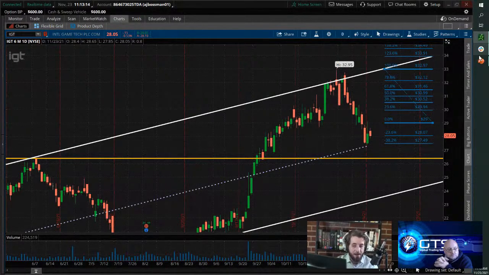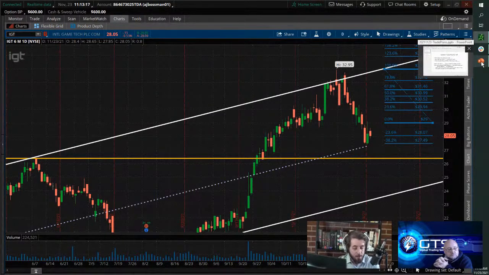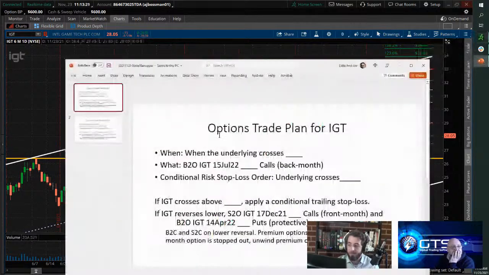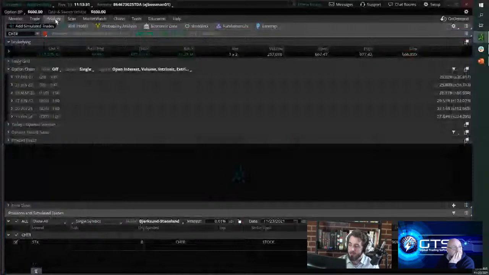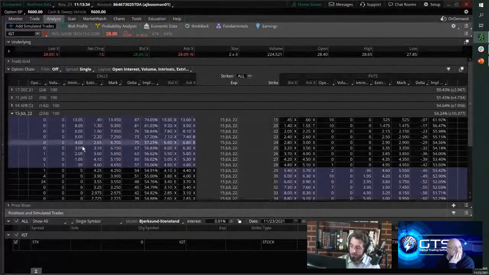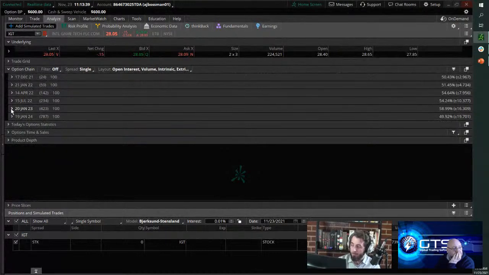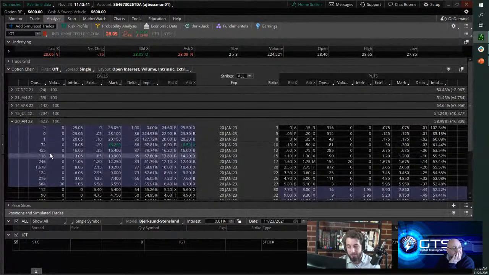Now, for the back month option, instead of using the actual stock itself, I probably want to go out at least 6 months, if not more. So I'm thinking there's a July series of options. Depending on the size of your portfolio, there's not as much liquidity in the July series, so if you have a bigger portfolio, then you're going out to January 2023.